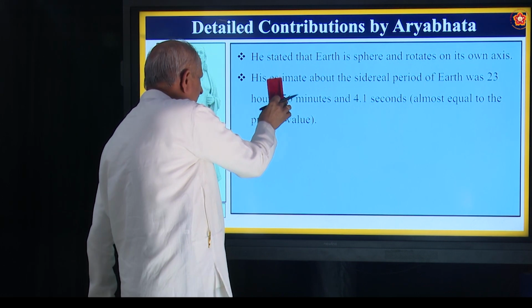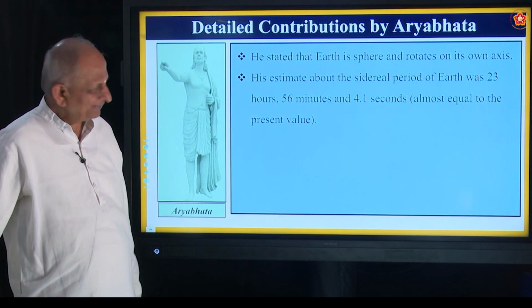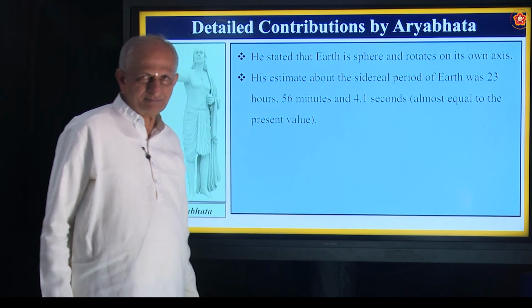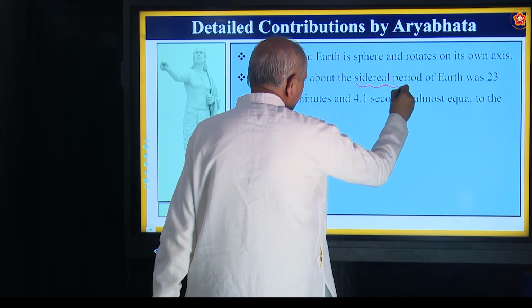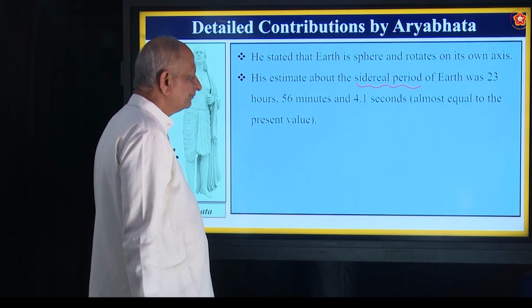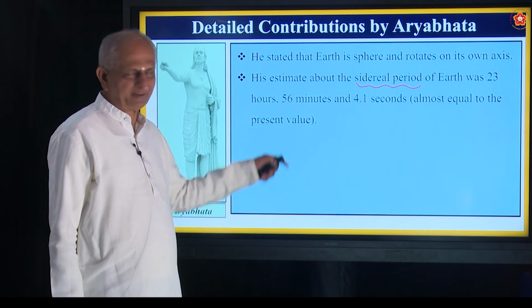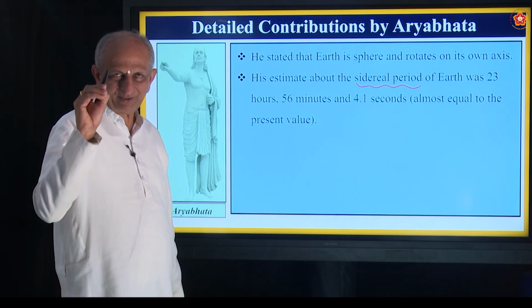So in those days, there was no Google search, there was no mobile, but he said that the sidereal period, the time taken by Earth to go around its axis, is almost equal to 24 hours. Today we say one day. One day means what?